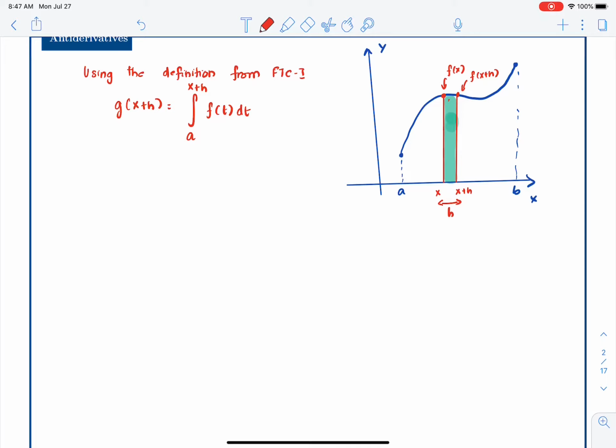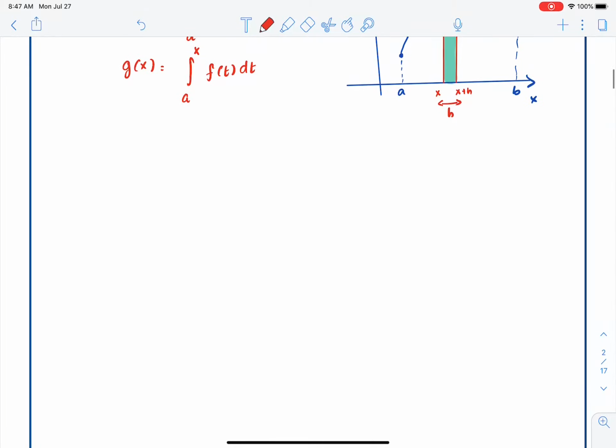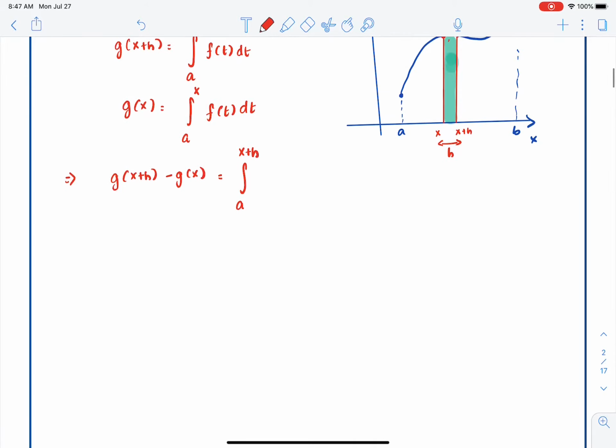T is just the dummy variable. And g of x as the integral from a to x of f of t dt, that is also a dummy variable. Now, if I subtract the two, g of x plus h minus g of x, that would simply be the integral from a to x plus h of f of t dt minus the integral from a to x of f of t dt.